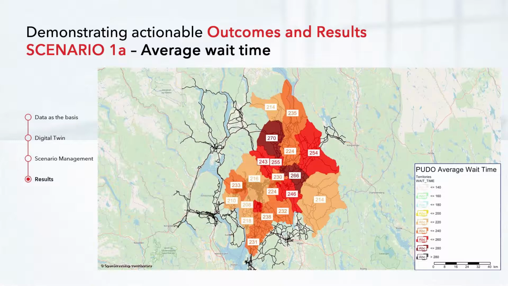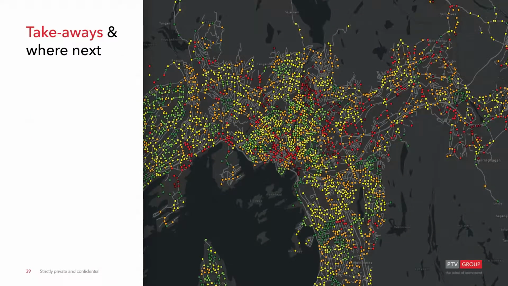Just to explain, in case you're wondering what PUDO means, PUDO is pick up, drop off. And these are PUDOs. That's a nice image there, Oslo from space. Each of these dots you see is representing a pickup and drop off location.